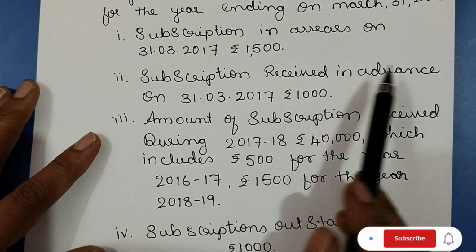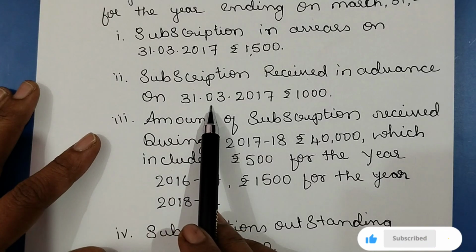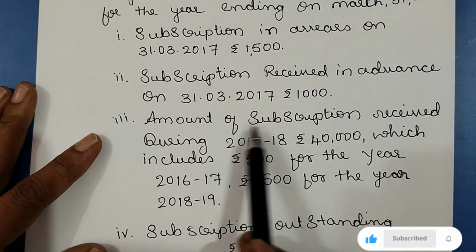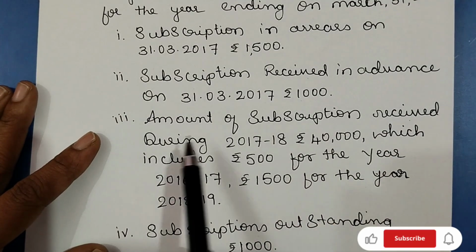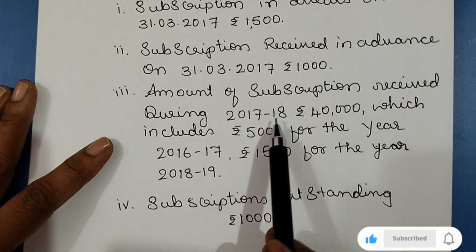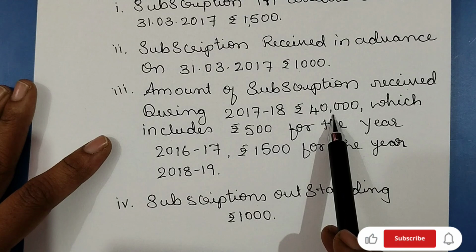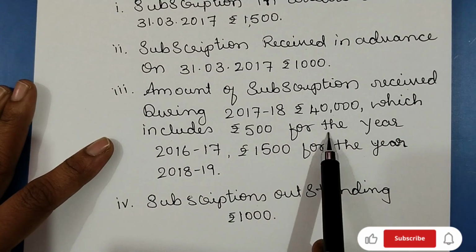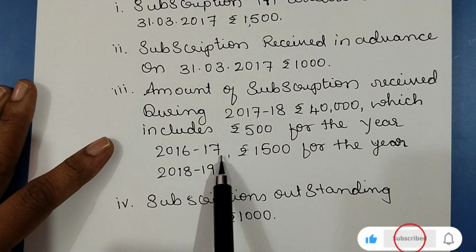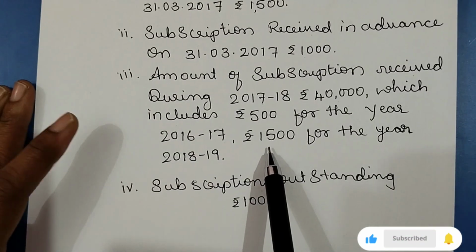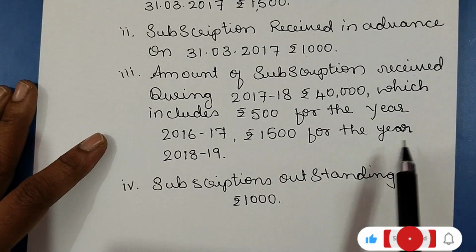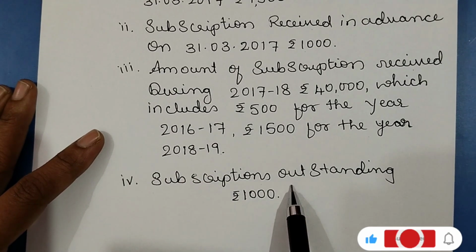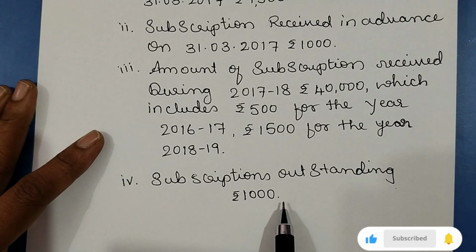Subscription received in advance on 31st March 2017, rupees 1000. Amount of subscription received during 2017-18, rupees 40,000, which includes rupees 500 for the year 2016-17 and rupees 1500 for the year 2018-19. Subscription outstanding rupees 1000.